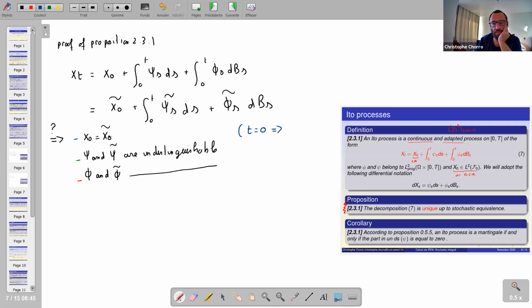That gives me that x0 is equal to x0 tilde, because when I take t equal to 0 in this decomposition, all the integrals are equal to 0, and so I have the equality between these two numbers.